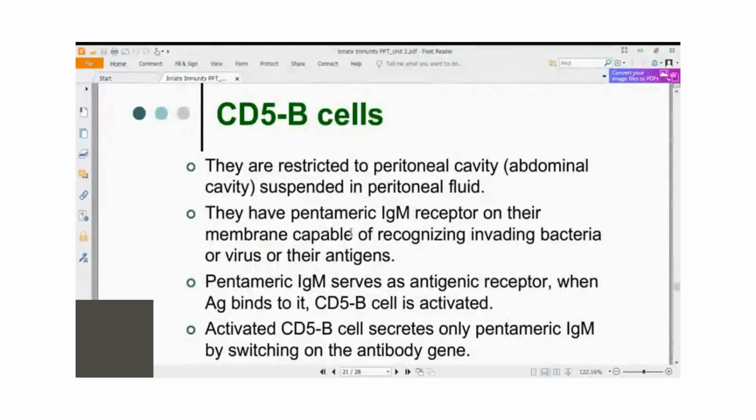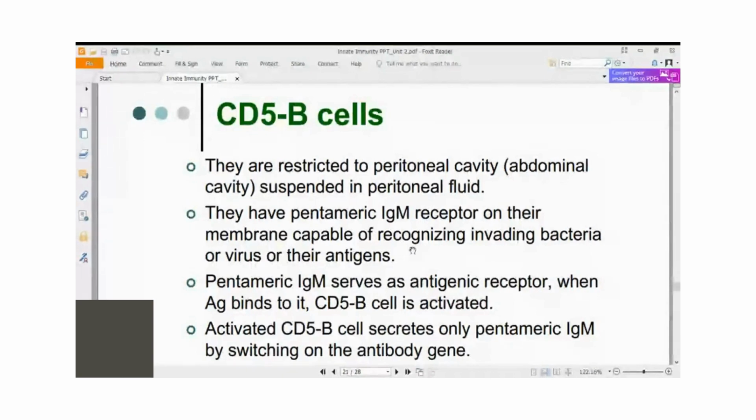In addition, it has a receptor for antigen, and that receptor for antigen is a pentameric IgM molecule, immunoglobulin M. Pentameric means it has 5 monomers joined together to form a pentamer and has the ability to bind to 10 antigens at a time because it has 10 antigen binding sites.